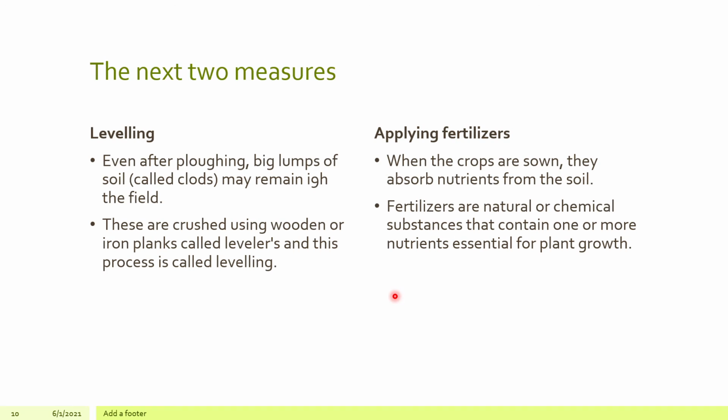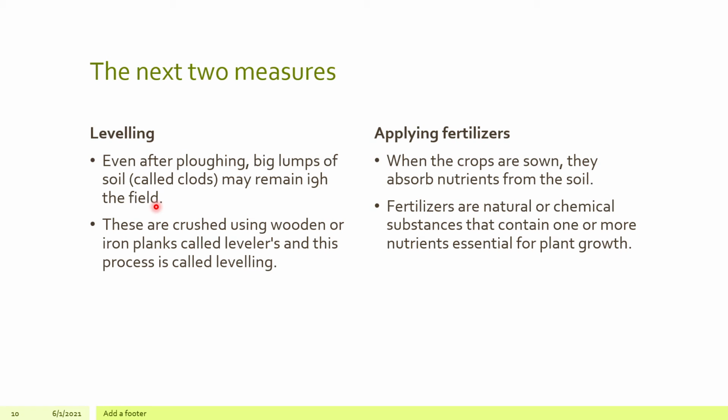The next two measures, then there are two small measures, leveling and applying fertilizers. First we'll understand about the leveling, then we'll understand about applying fertilizers. Okay, leveling. Even after plowing, big lumps of soil called clods may remain in the field. So after plowing is done, the first step of soil preparation is done.